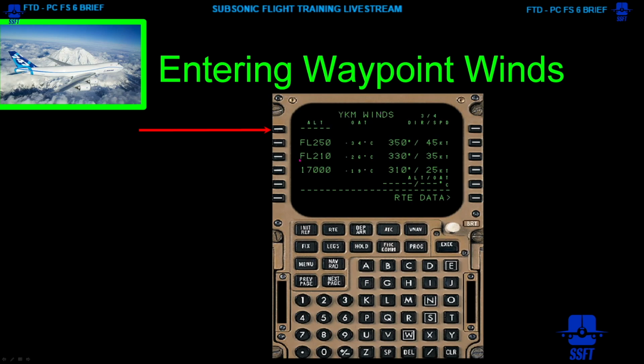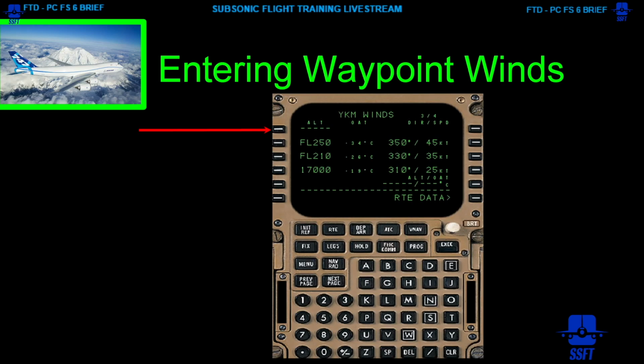It'll come up blank here, and it'll have dashes for altitude. And then, of course, you can put in the winds that you were given on the flight plan. Now, these are a little bit different winds than what was on the flight plan, I notice. But you first put an altitude.